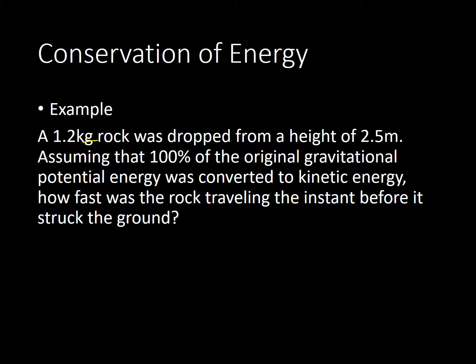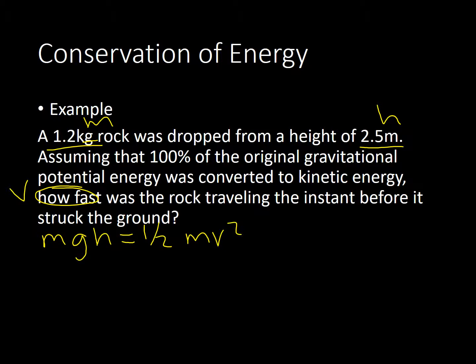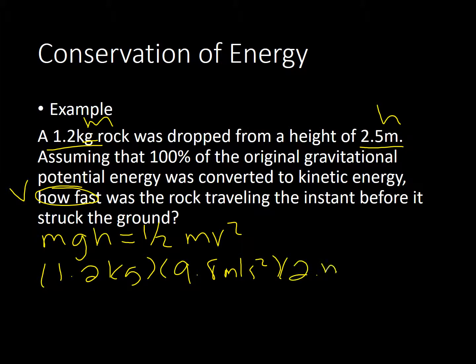So our mass is 1.2, our height is 2.5, and we're asked to solve for velocity. We're going to start out by setting these two formulas equal to each other. So mgh equals 1/2 mv squared. I have 1.2 kilograms times 9.8 meters per second squared times 2.5 meters is going to be equal to 0.5 times 1.2 kilograms times v squared.